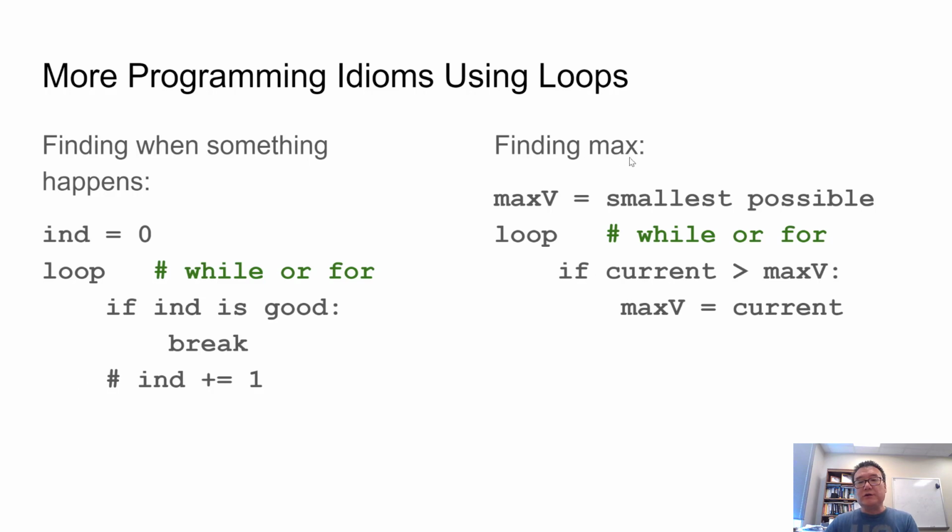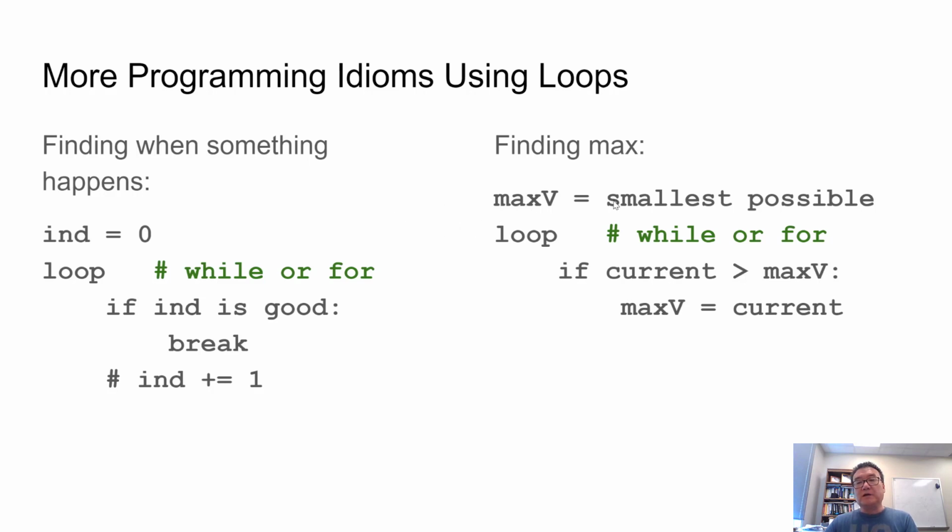And similarly, if we are trying to find either max or min, then we initialize the max value to be the smallest possible value, and then we loop over this. And then whenever we find something that's bigger than the current max, we will assign the current max value to the current value. So anytime we see a bigger value, we'll keep that. So we always keep one value that is the current largest.